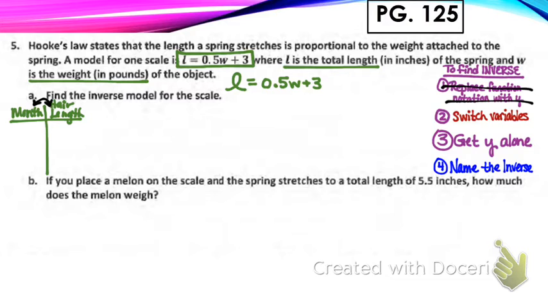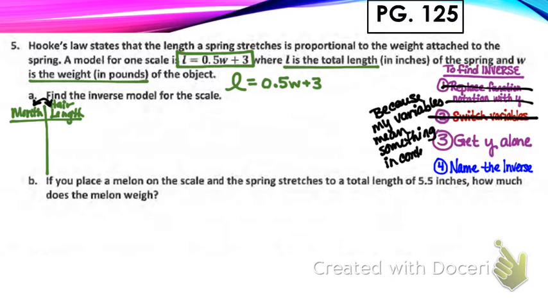So we need to subtract 3. Yep, both sides. I'm not going to switch my variables here because they have meaning. If my variables have meaning in context, the W means weight, the L means length, I won't switch them around.